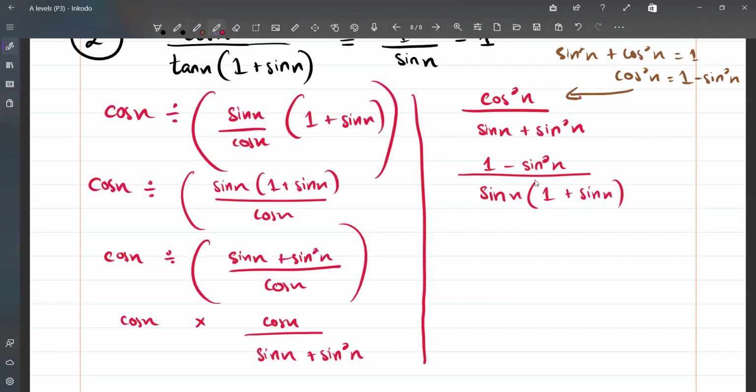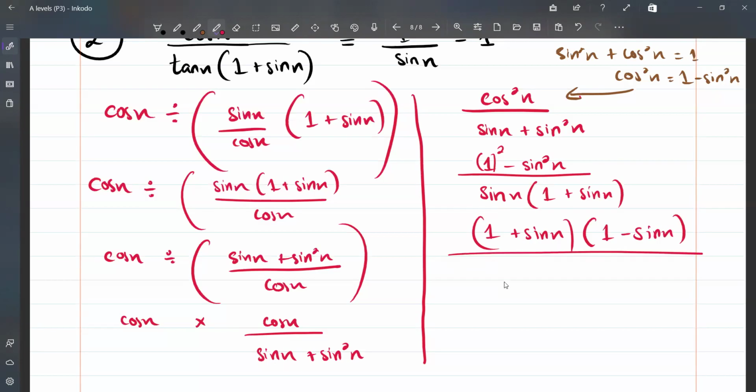So now what we can do is notice that this is an identity, a square minus b square, which is a plus b, a minus b. All right. So sine x, 1 plus sine x. This and this cancel out, and we are left with 1 minus sine x upon sine x.